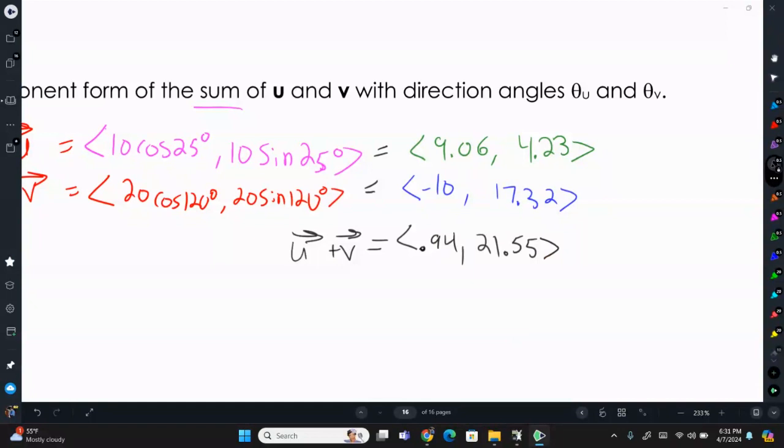So for problems like this, you have to convert to rectangular form and then add them like we did yesterday. And now we have the component form of the sum of those two vectors.